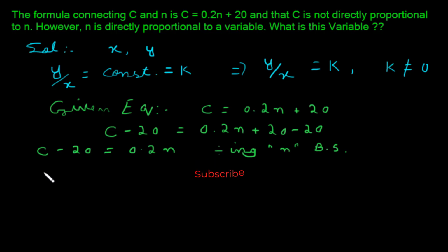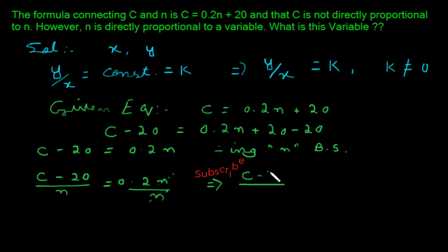So when I do so, it will become C minus 20 divided by n, and this side will be 0.2 times n divided by n. Now this n will be cancelled, and I can clearly see that the numerator and denominator ratio is equal to a constant.